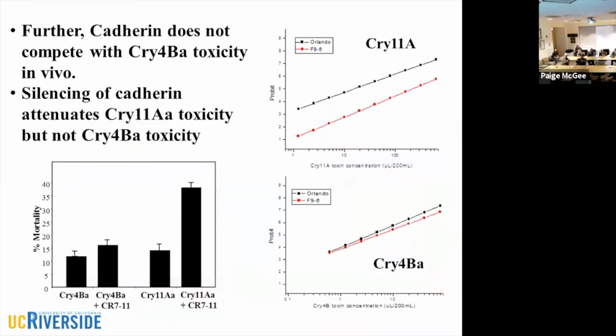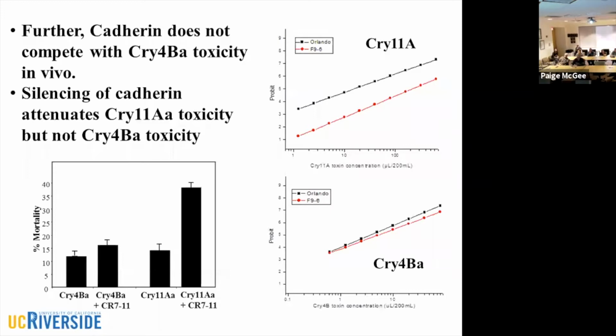Using this mosquito, we then determine the toxicity to Cry11A in the top panel on the right, and to Cry4B at the bottom panel on the right. Just focus on those two. You can see that the dark blue or black line is the wild-type mosquito, and the red line is the mosquito that is silenced.